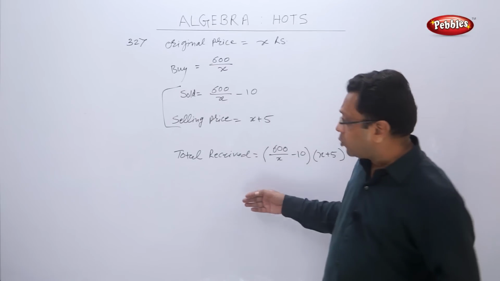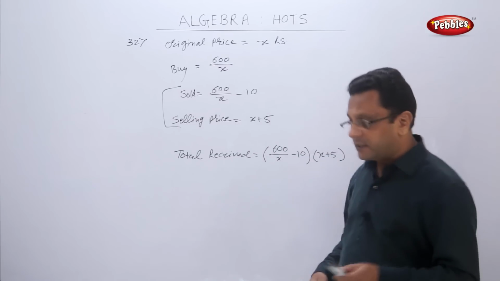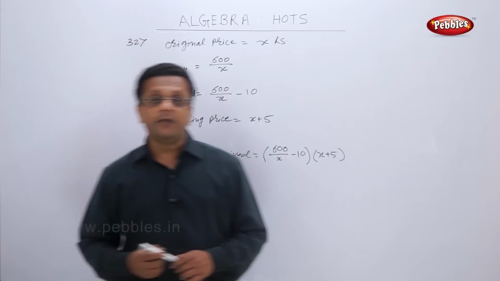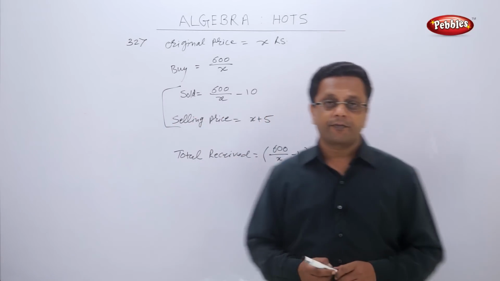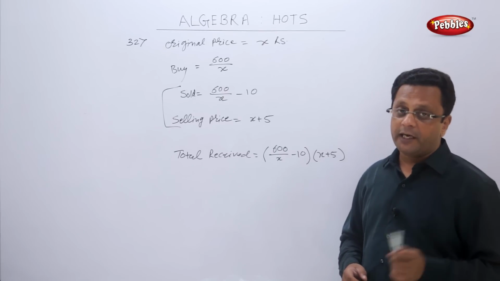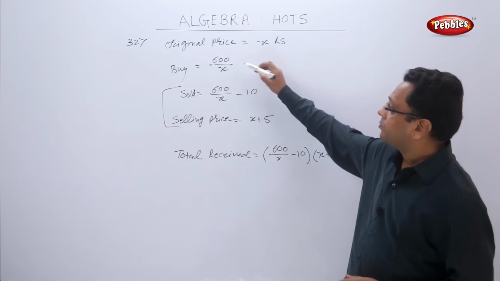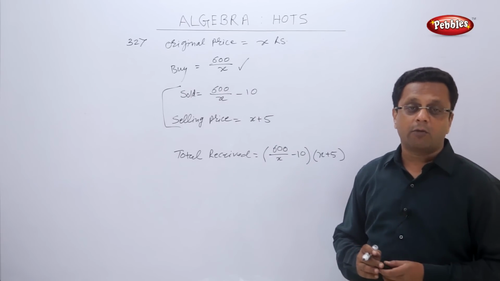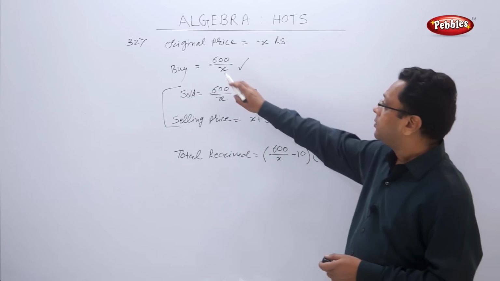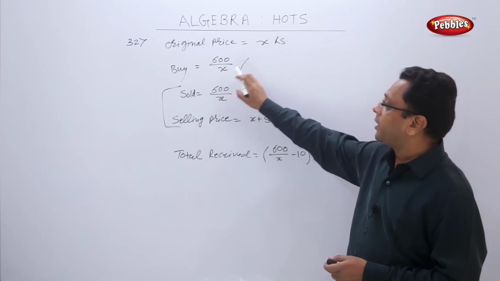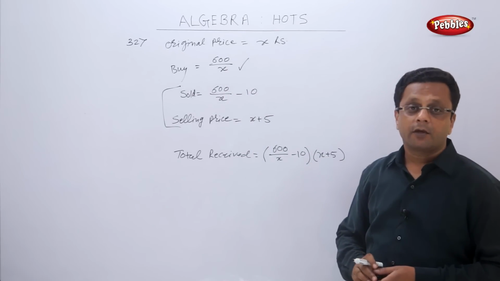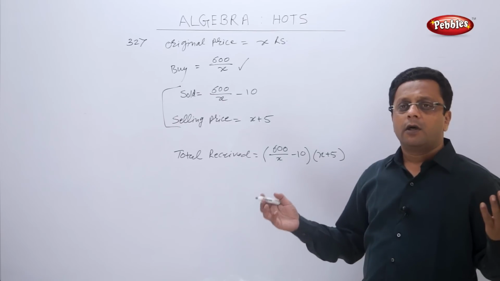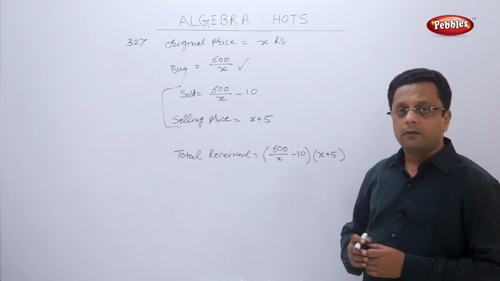Now from this total amount received, they say that he could have bought 15 more items. Initially, how many items did he buy? Now, how many more items could he have bought? 600 upon x plus 15, right? And what is the amount of those items?